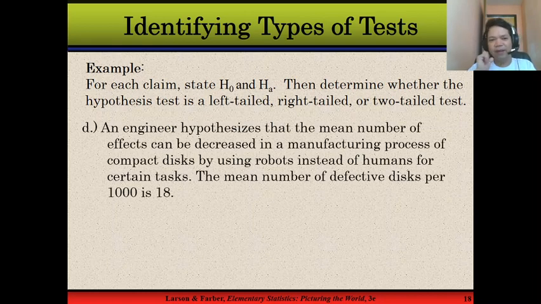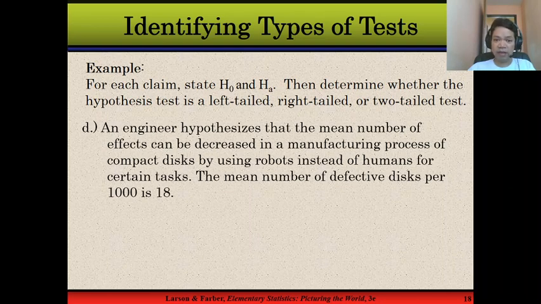Meron pa pala isa. Okay, an engineer hypothesizes that the mean number of effects can be decreased in a manufacturing process of a compact disc by using robots instead of humans for a certain task. The mean number of defective discs per 1,000 is 18. So, ang sabi ni engineer, kung gagamit daw ng robot, okay, the effect can be decreased in a manufacturing process of compact disc.